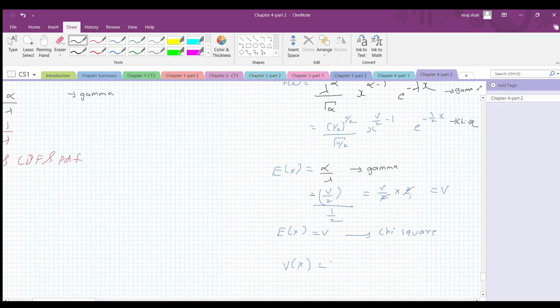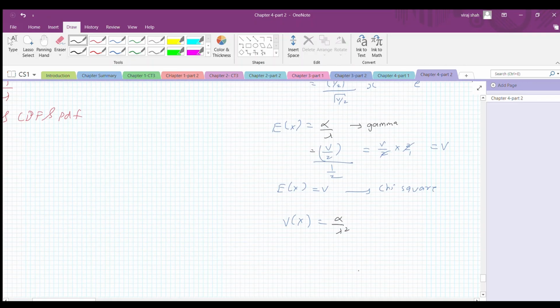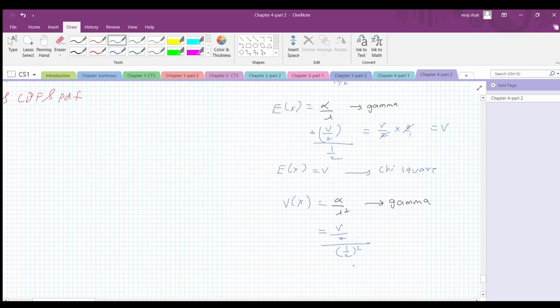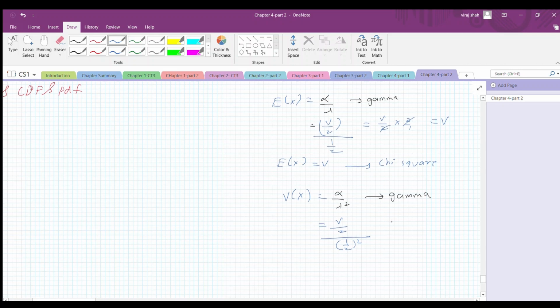So yeah, alpha by lambda square. This is for gamma. Now writing it for chi-square. I'll get alpha as v by 2 and lambda as 1 by 2 square. So I can write this as v by 2 divided by half square.